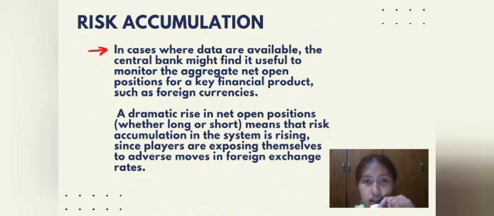Risk accumulation, in a case where the data are available, the central bank might find it useful to monitor the aggregate net open position for a key financial product, such as foreign currencies. A dramatic rise in the net open position, whether long or short, means that the risk accumulation in the system is rising, since players are exposing themselves to adverse moves in the foreign exchange rates.